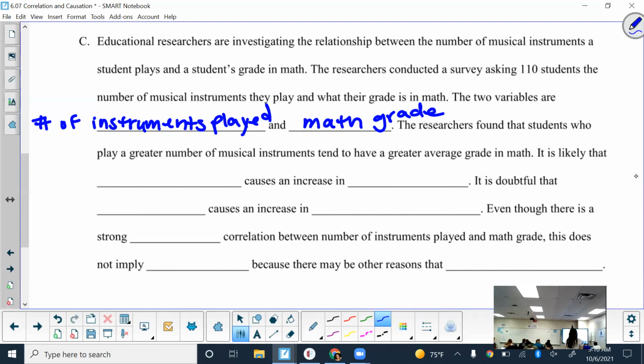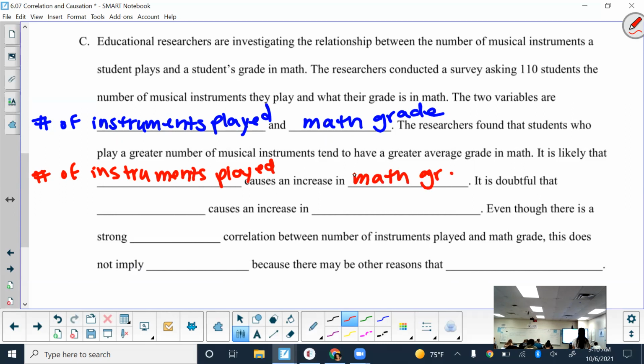All right, good, I would agree. So number of instruments played causes an increase in math grade. Because is the reverse true?